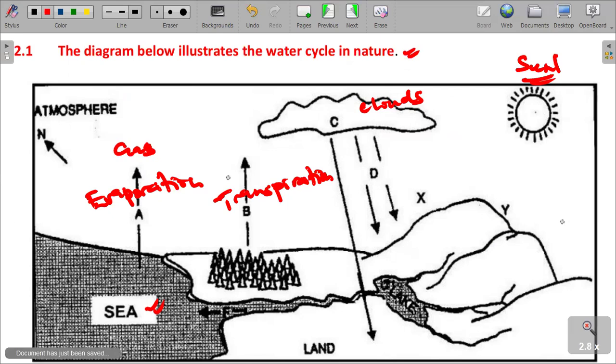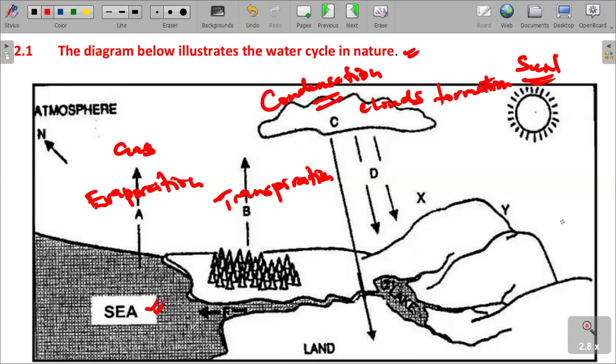And then C. C is the formation of clouds. What do we call cloud formation? Condensation. C is representing condensation, the process through which clouds are formed in the atmosphere.